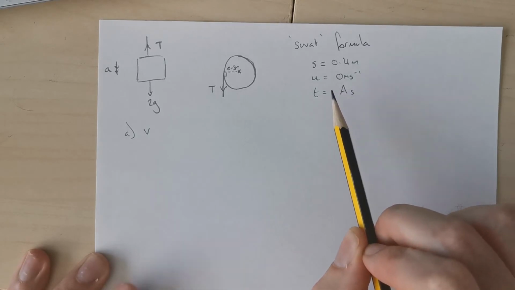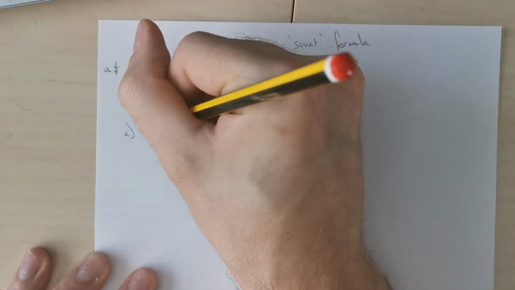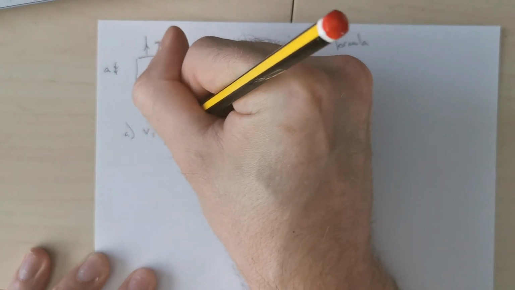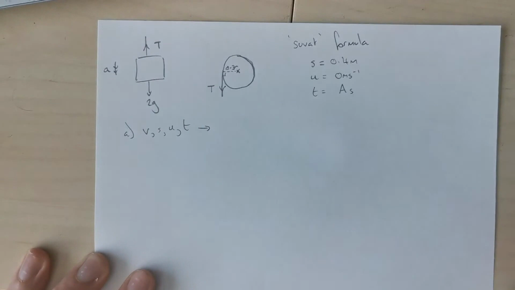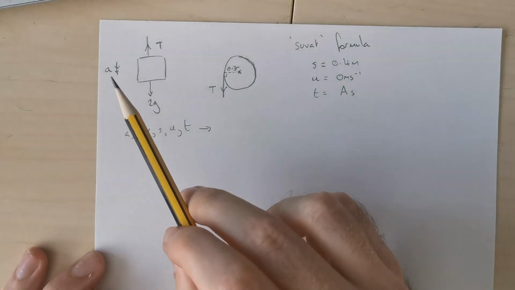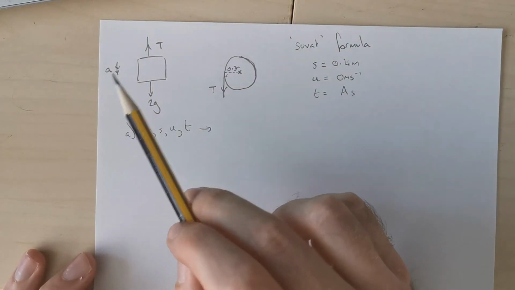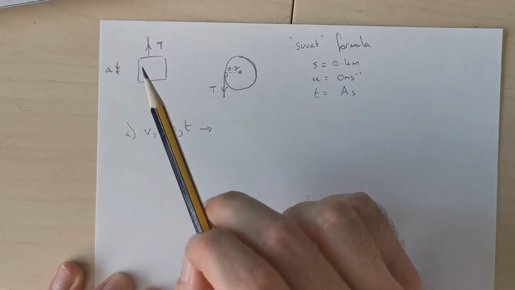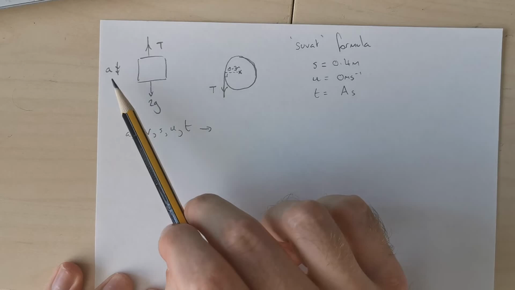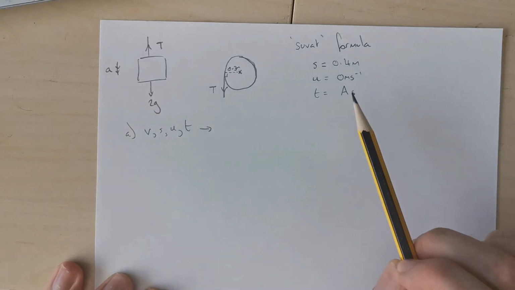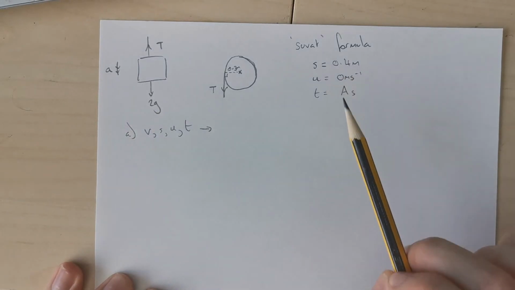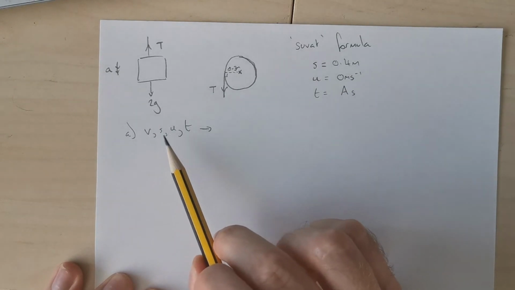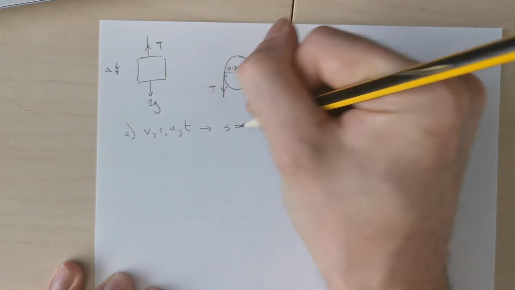We have to consider what formula involves v, s, u, and t. Remember, we're not given a, we're told that acceleration is constant, but we don't know what that value is. So I'm going to omit that for now, otherwise we're going to have a little a involved along with capital A. But we're going to stick with these values. So v, s, u, and t, the formula links all those together.